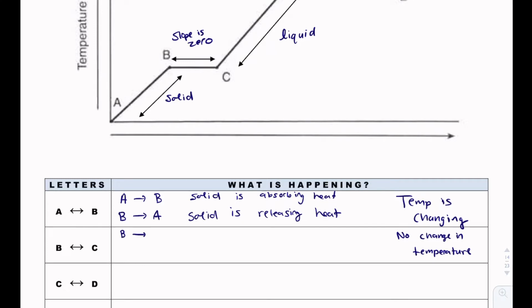We could be going from B to C, or we could be going from C to B. So if we're going from B to C, we're going from solid to liquid. And when we go from solid to liquid, this is called melting. On the flip side, if we're going from C to B, this is liquid to solid. And this is called freezing.